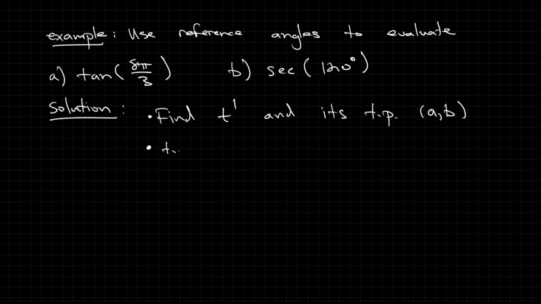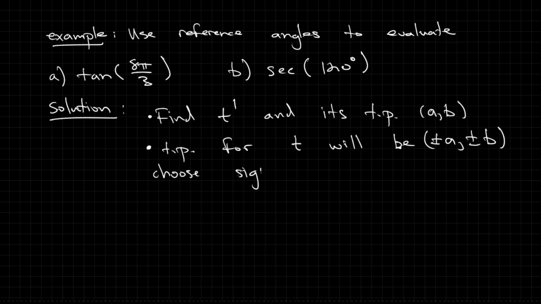Then the terminal point for t will be plus or minus a, comma plus or minus b, where we choose the sign, S-I-G-N, based on the quadrant.